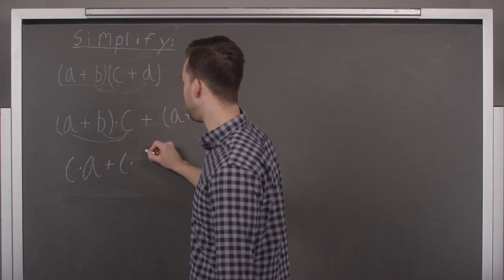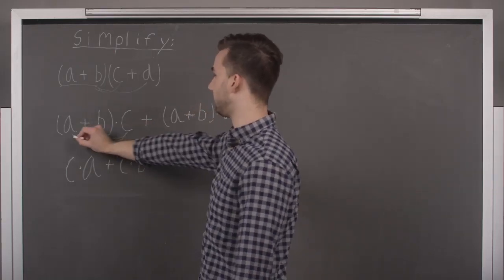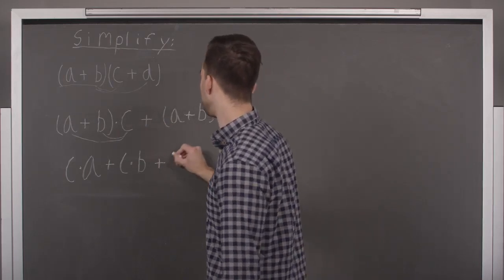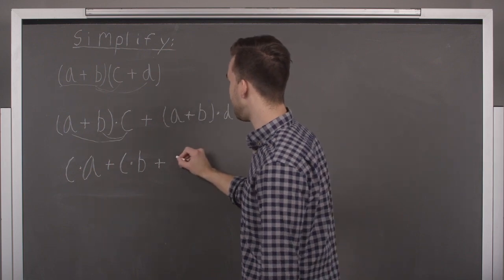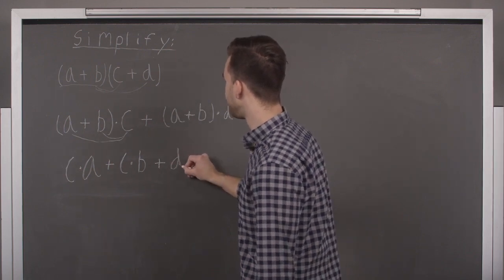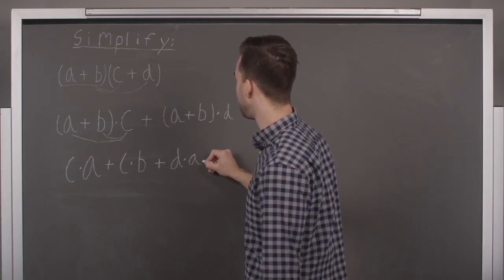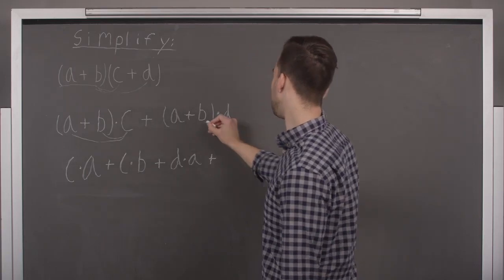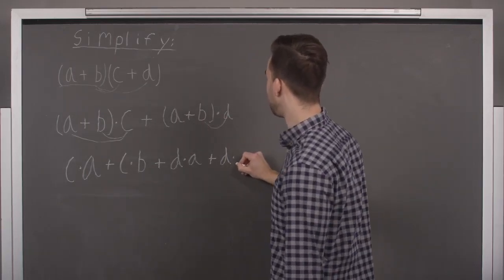We're doing the same thing, right? C times b. Okay, so this is done. Let's move over here. Plus, what's over here? D times a, right? D times a plus our outside times our second element, d times b.